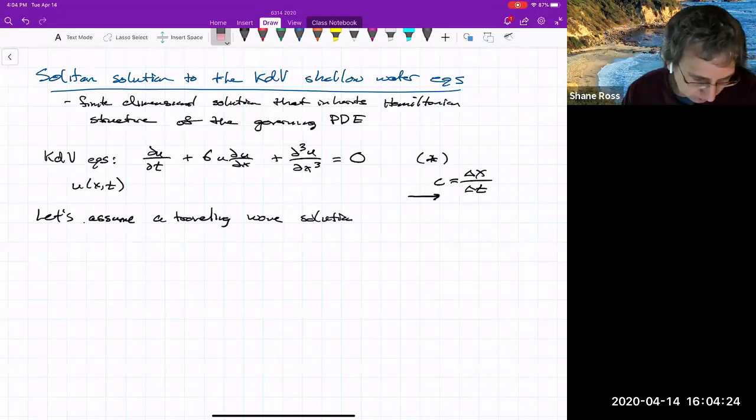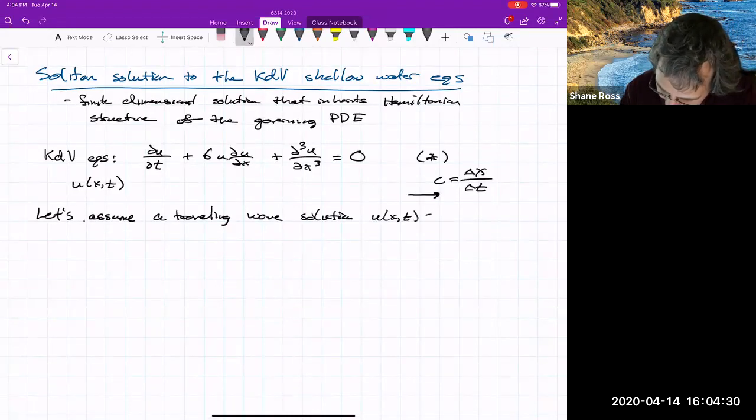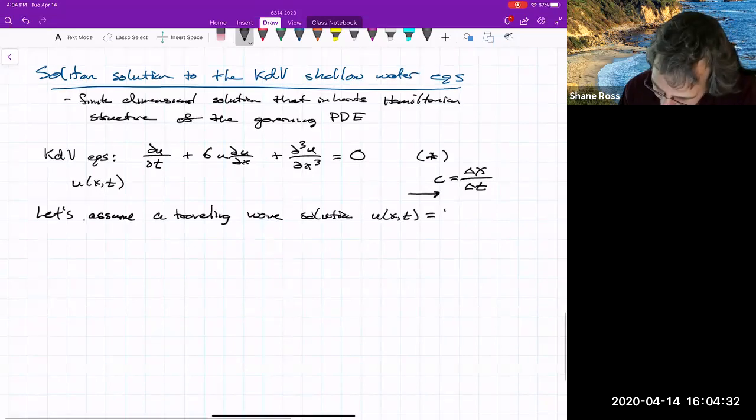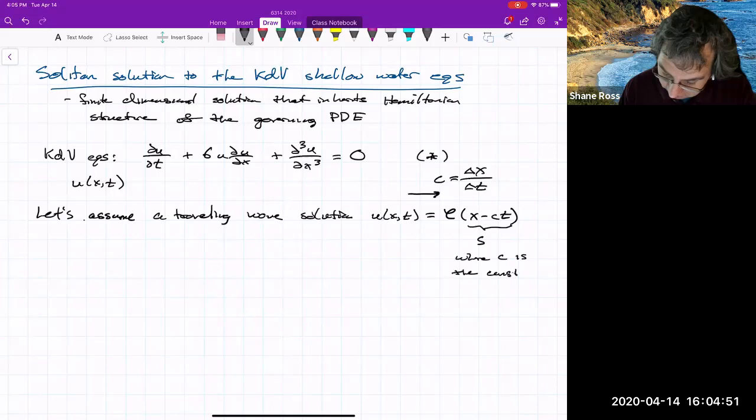So the traveling wave solution would be, we're writing u, as a function of x and t, as some function phi that combines x with t. So it's x minus ct. So it's just a function of one variable s, where c is the wave speed, constant wave speed.